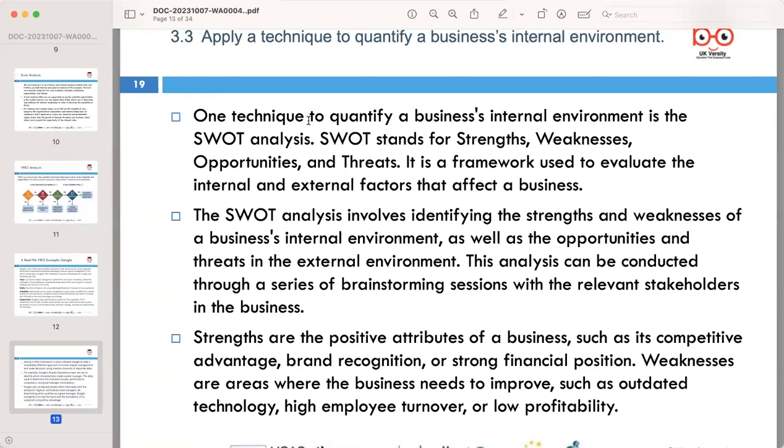The SWOT analysis involves identifying the strengths and weaknesses of a business's internal environment, as well as the opportunities and threats in the external environment. This analysis can be conducted through a series of brainstorming sessions with the relevant stakeholders in the business.